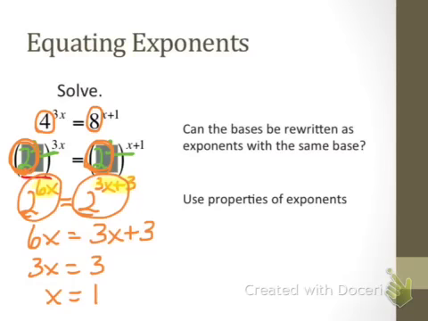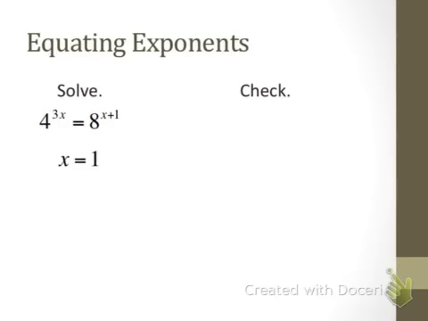Now, as always, it's a good idea to check our answer. So we got x equal to 1. Let's put that back in and see if that really works. On the left side, we're going to have 4 to the 3 times 1 power. And on the right side, we're going to have 8 to the 1 plus 1 power.